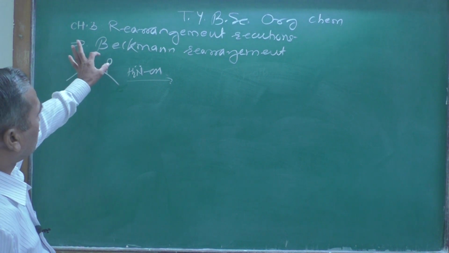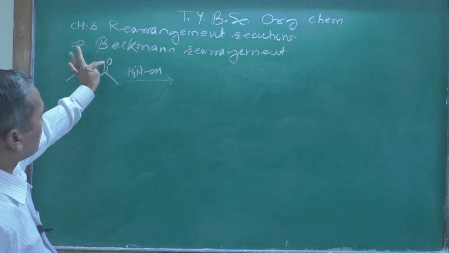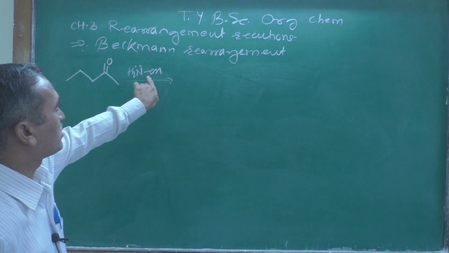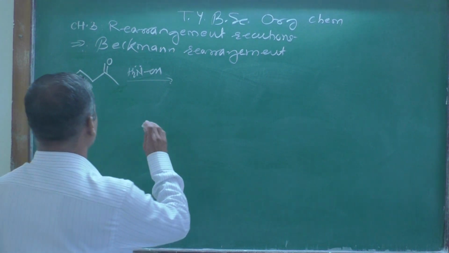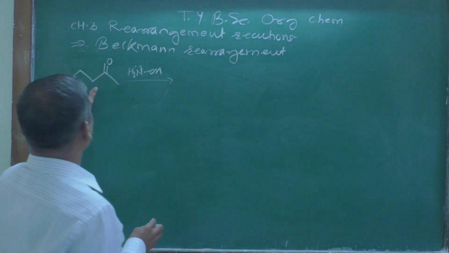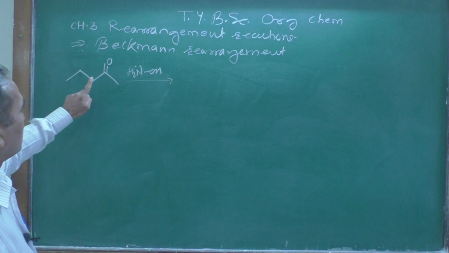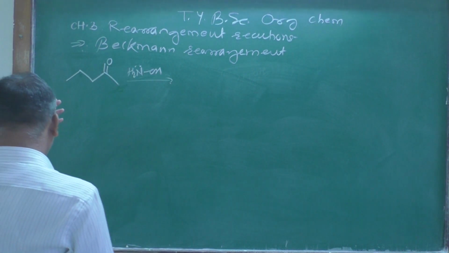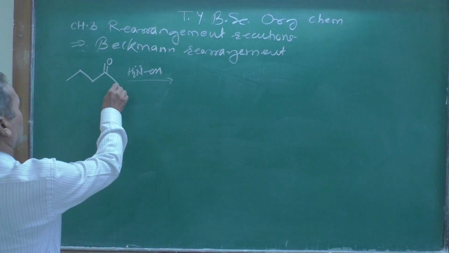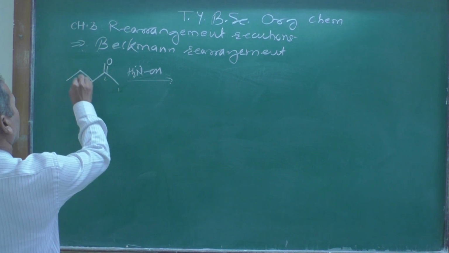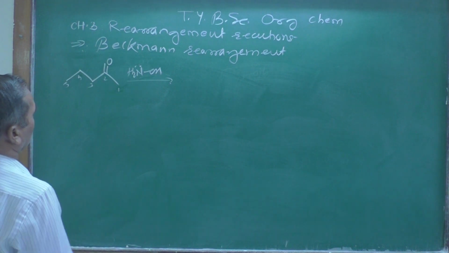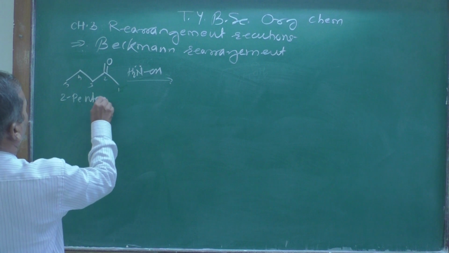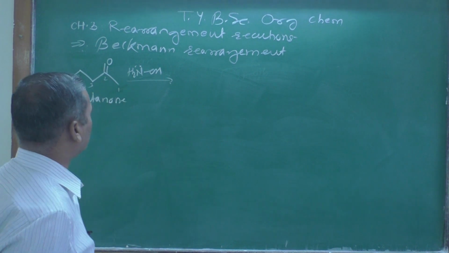Very simply, you have to remember: instead of that oxygen atom, you just put a nitrogen atom, and the rest of the thing stays as it is. We have considered this an unsymmetrical ketone, and the IUPAC name of this compound, if you remember, 1, 2, 3, 4 and 5 carbons, is 2-pentanone. That is the IUPAC name of this compound.